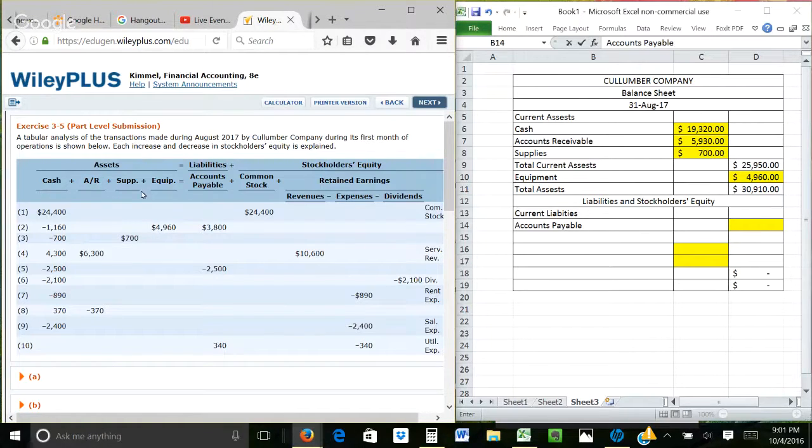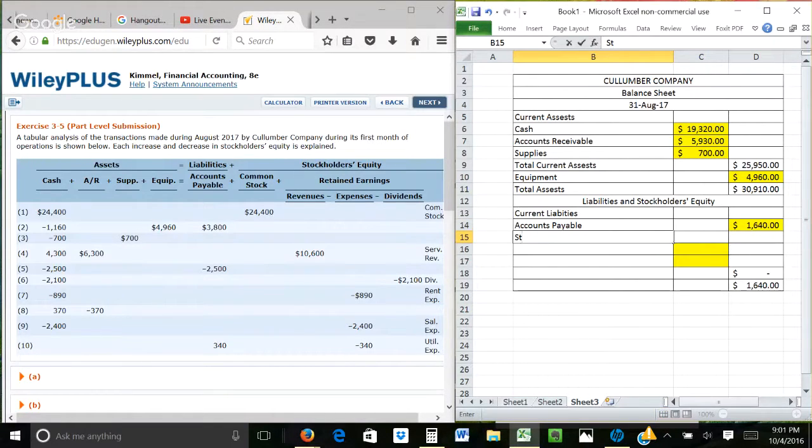So we're going to add that 3,800, subtract 2,500, and add 340, get a total of $1,640. Then that's it for liabilities.